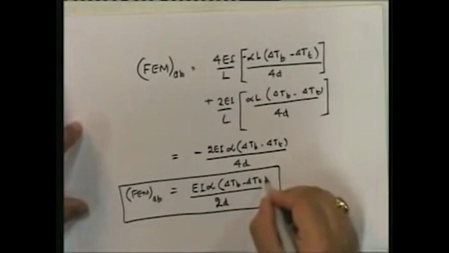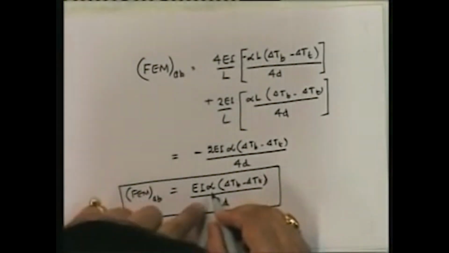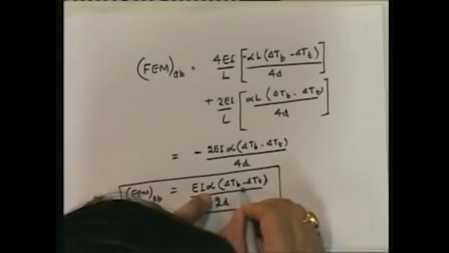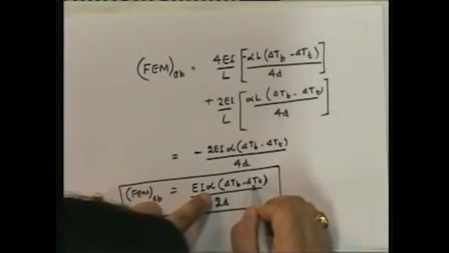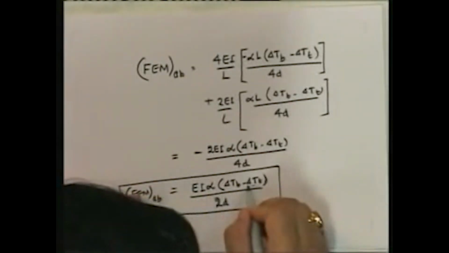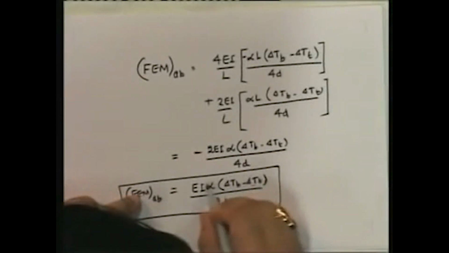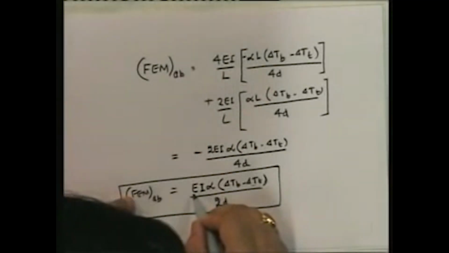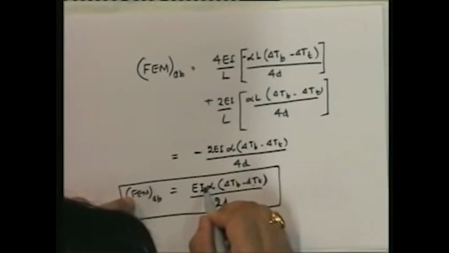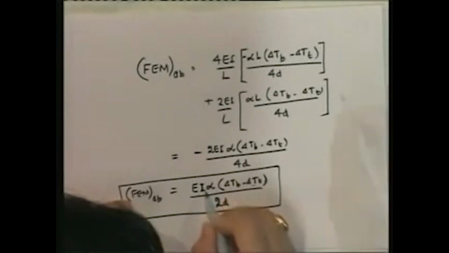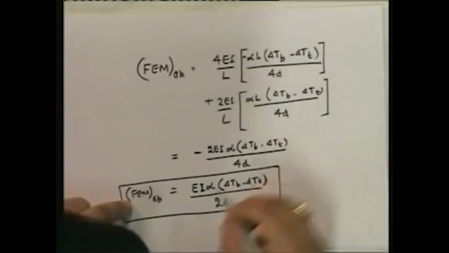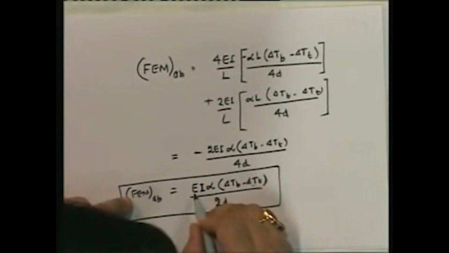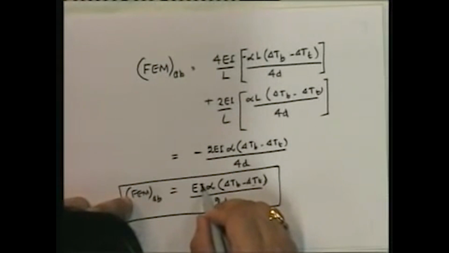Let me look if I am dimensionally consistent. What are the units of alpha? Alpha into delta T is going to be meter by meter, so meter by meter is essentially dimensionless. What are the units of E? Newton per meter squared. So Newton per meter squared into I, this is meter fourth.